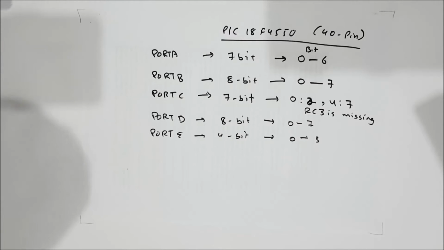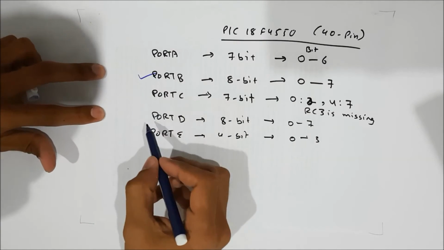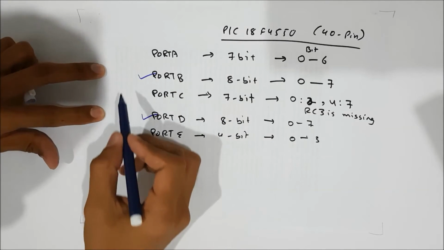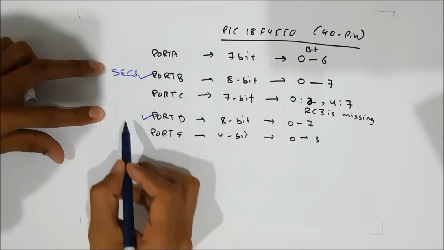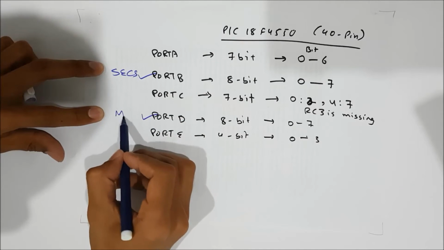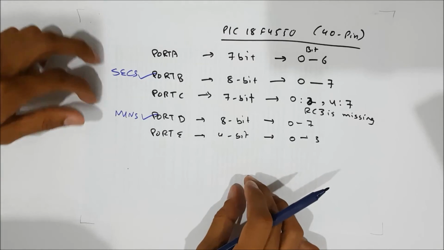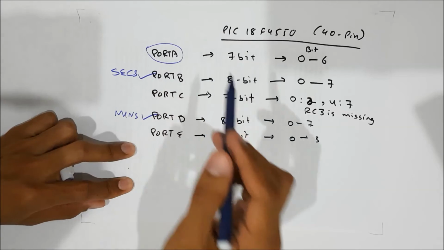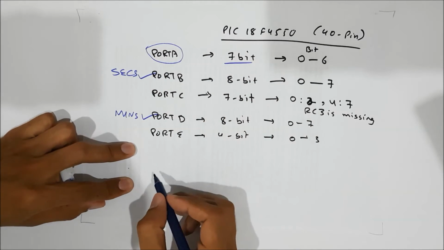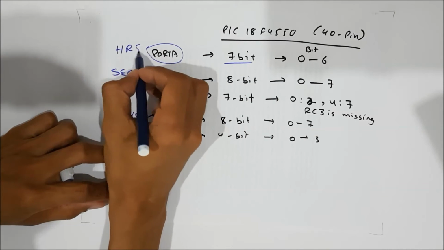So we need 3 8-bit ports, but we only have 2 8-bit ports. So for instance, we can use port B for seconds, and port D for minutes. What about the hours? We can use port A, because it is a 7-bit port.